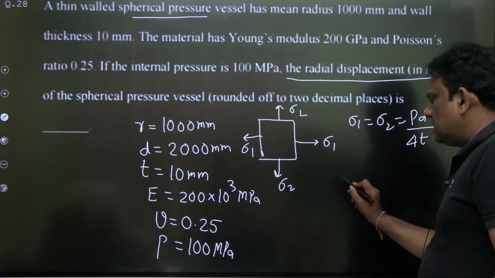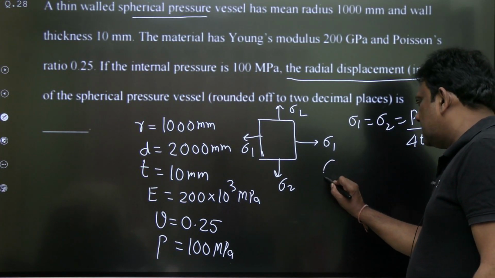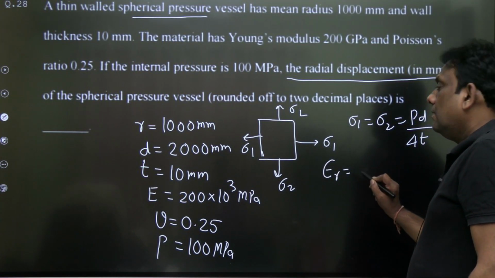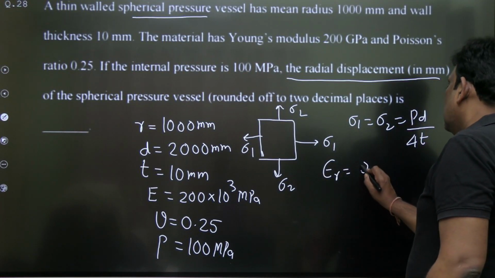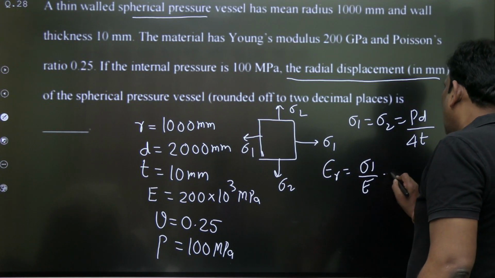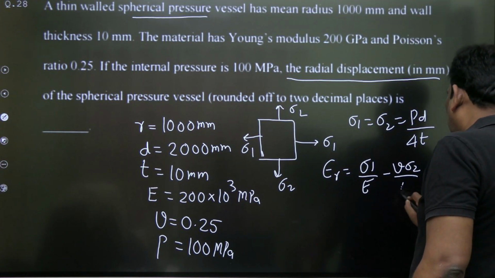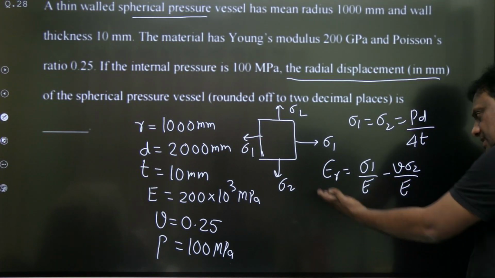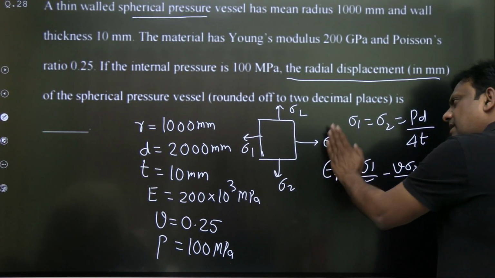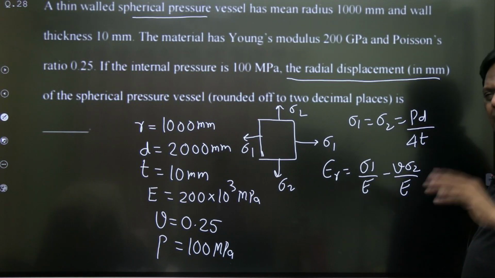So the circumferential strain or radial strain is given by sigma 1 by E minus nu sigma 2 by E. The diametral strain or radial strain is given by this. This is radial, this is also radial, so no problem because it is symmetric.